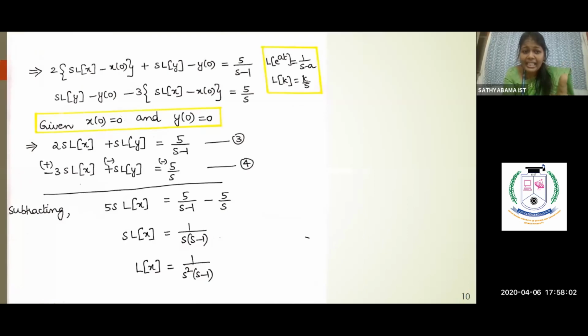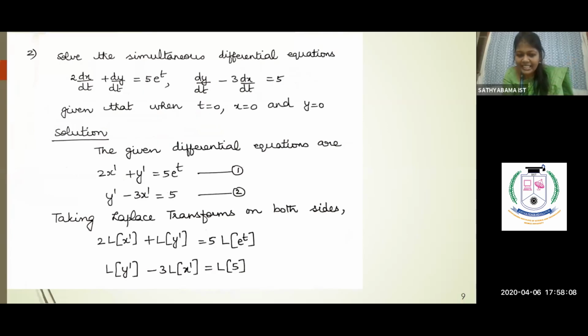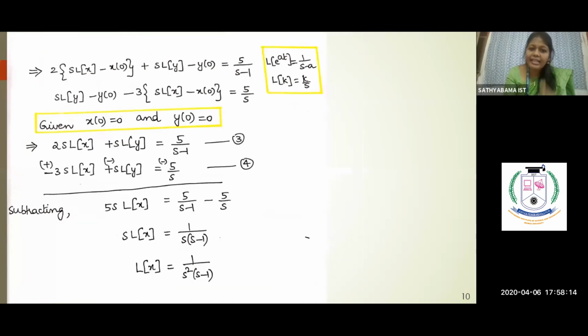What is L of y dash? s L of y minus y of 0. Okay, equal to, look at the right hand side, I have 5 into Laplace of e power t. Now what is Laplace of e power t? 1 divided by s minus 1. Okay, I've written the formula in the highlighted yellow color, so you can always refer to the formula there. Laplace of e power t is 1 by s minus 1.